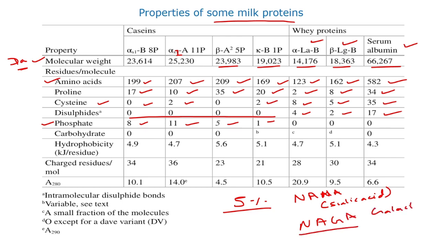So this 5% consists of only these three carbohydrates. The carbohydrate is present as tri- or tetrasaccharides, attached at the C terminal of the molecule through an O-threonine linkage.